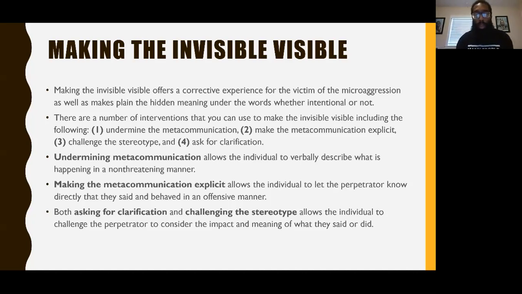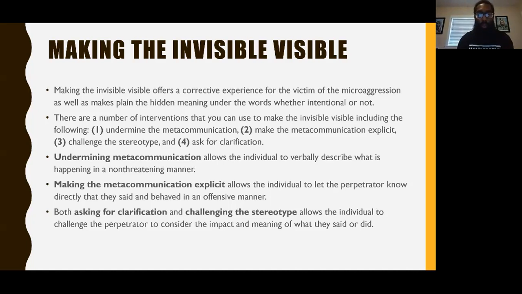And so, as we discussed before, there are four different types of microinterventions for microaggressions. They're making the invisible visible, disarming the microaggression, educating the offender, and seeking external support.